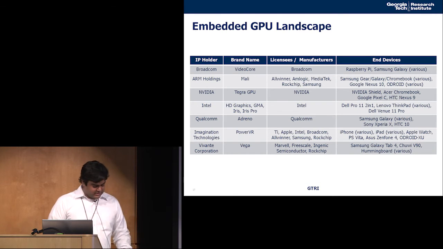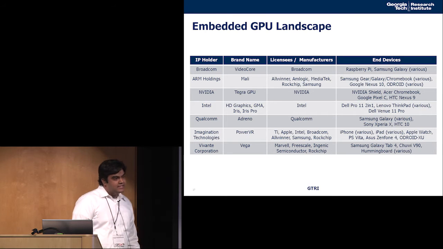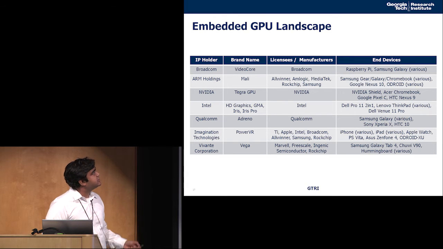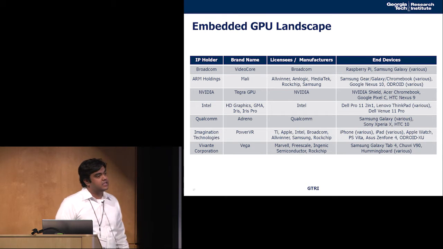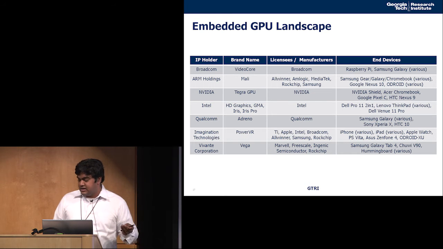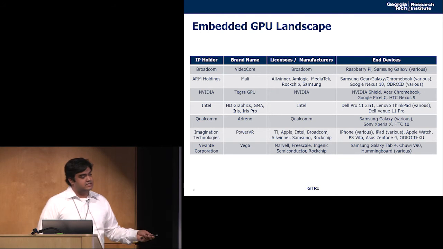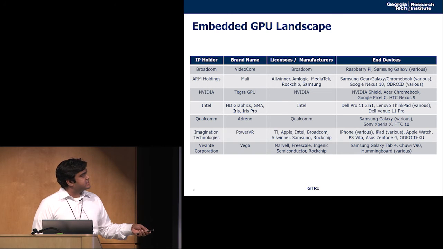I'd like to tell you a little bit about this embedded GPU landscape now. As I did with the CPUs, I've shown you the people who own the IP. In this case, there are the IP holders of the GPU technology, and then they license that to people who make it. A lot of times they only license it to themselves. Broadcom only licenses their technology to themselves. Qualcomm does the same.